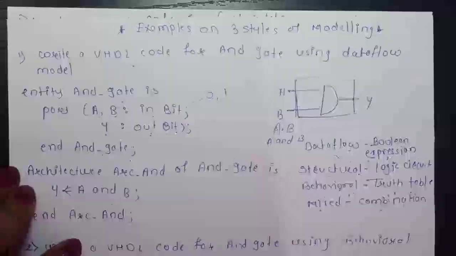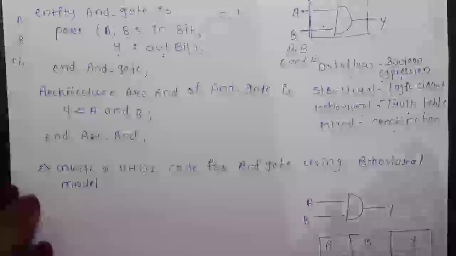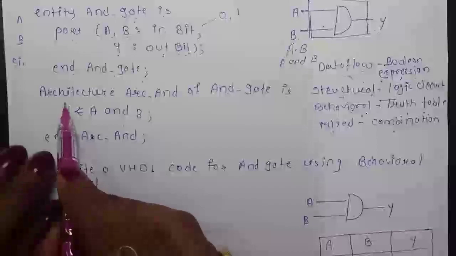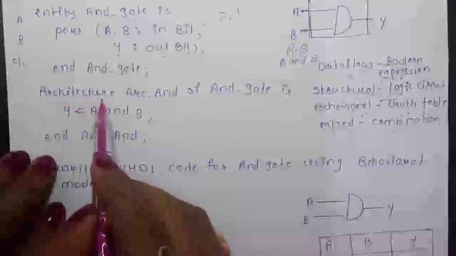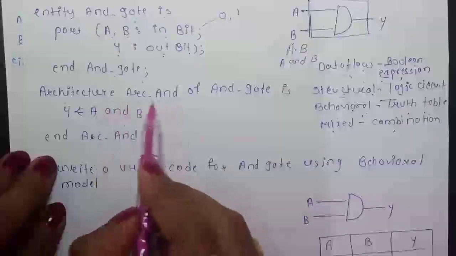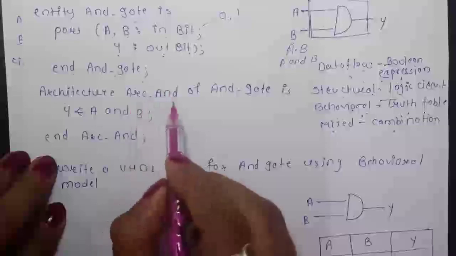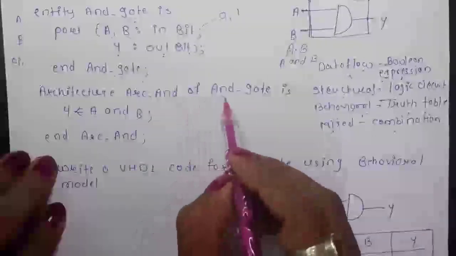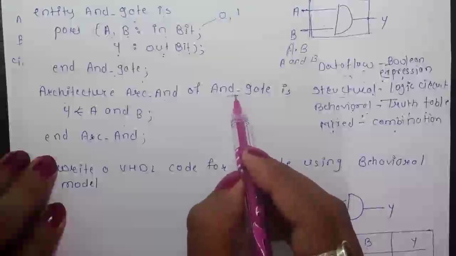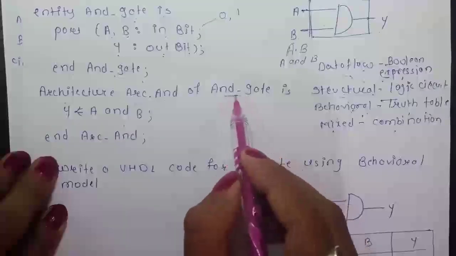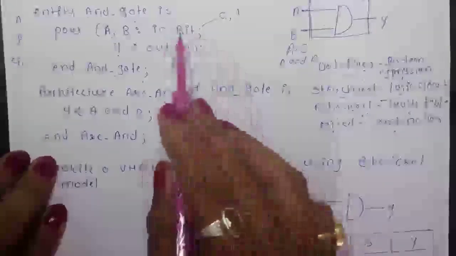In architecture, the syntax is the architecture keyword, then the name of my architecture, which is a user defined word, then of, and the name of the entity, AND gate. The name of your entity must be the same as the entity of your design.